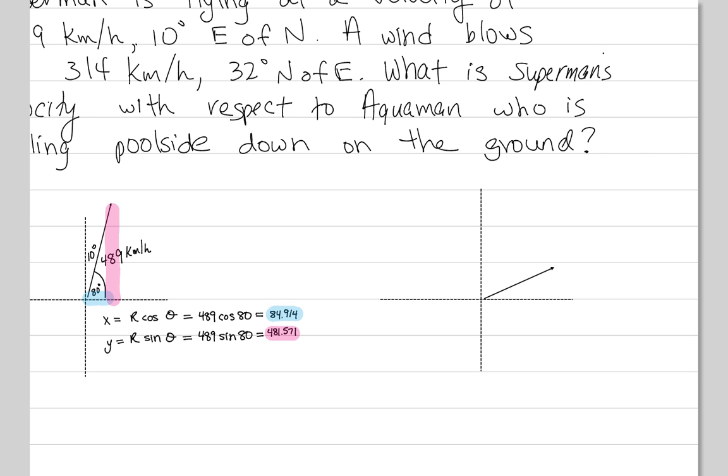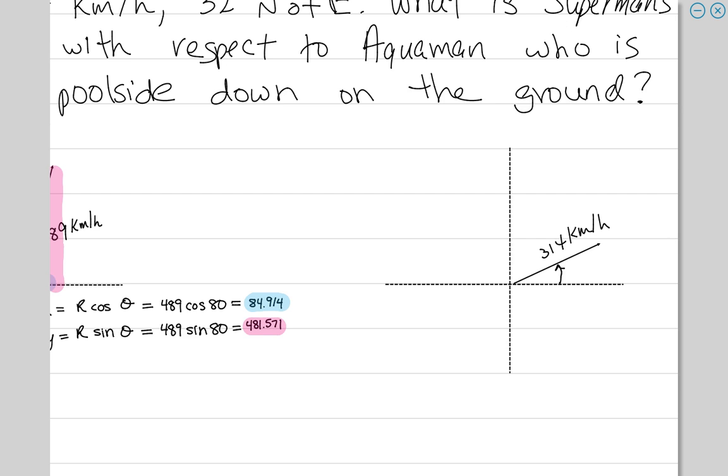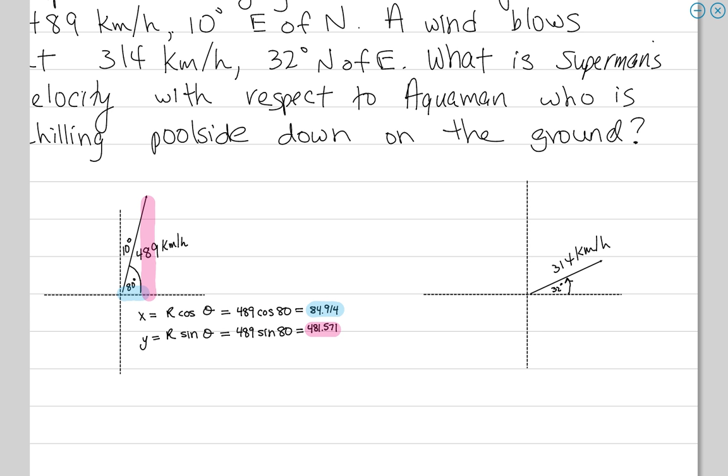It's going to be closer to the x-axis, though, and a little bit shorter than this vector, because this vector is at 489, so it should be longer than this one, which is at 314. You don't have to be precise, just have some notion relative to each other. This one's already in the standard position, the reference angle, so we don't have to use the complement. We're happy with 32.